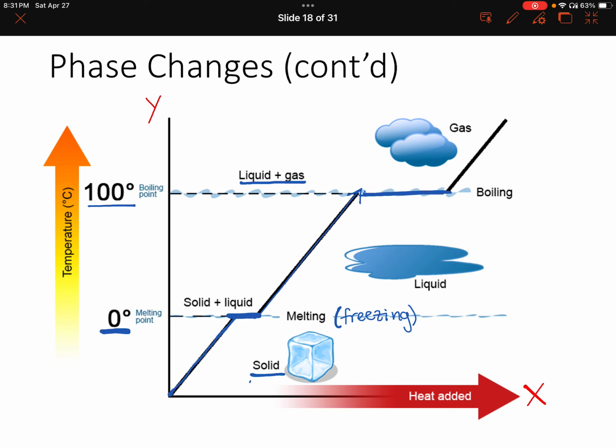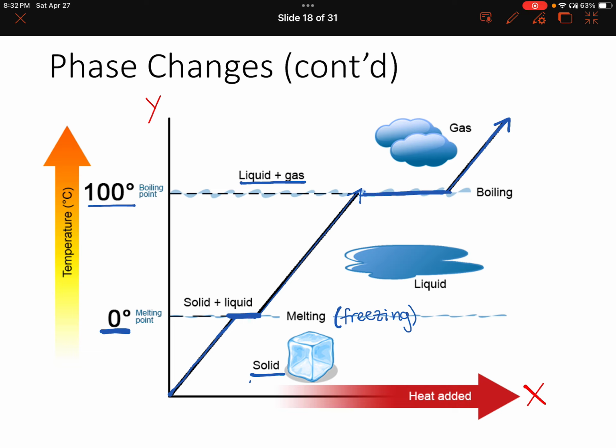So again, that temperature stays the same during the boiling process until everything has turned into a gas, and then the temperature increases again. So, very interesting how energy works and how heat transfer works.